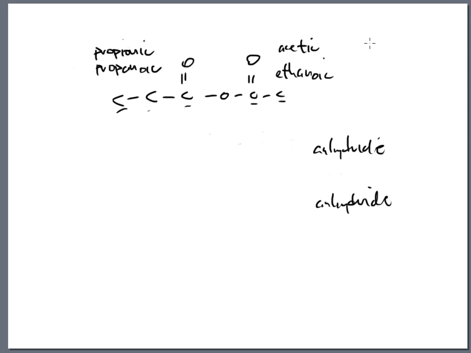So now I'll just put it together. If I wanted the IUPAC nomenclature, alphabetical order, so this is ethanoic, propionic anhydride. And the common names would be acetic, because A comes first, and then propionic anhydride. And I made a mistake up here.